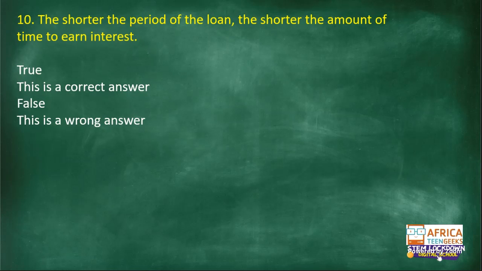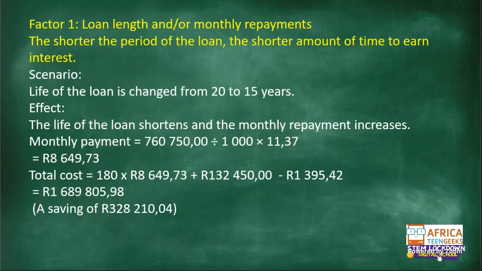Right, and then of course, we will carry on to look at the factor, which is the loan length versus the monthly repayments. We say here that the shorter the period of the loan, the shorter the amount of time to earn interest. That is the statement which we have done so far. So let's give you this scenario.